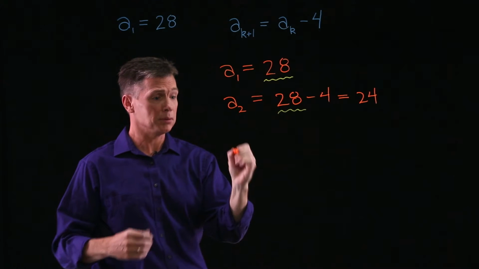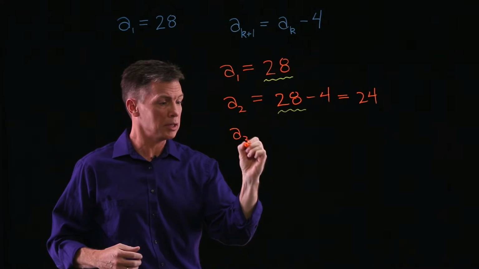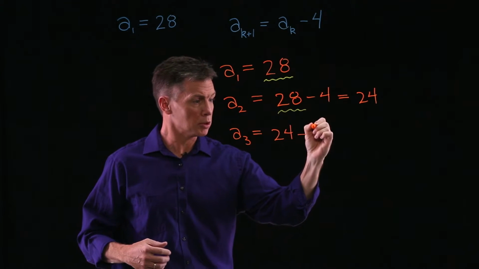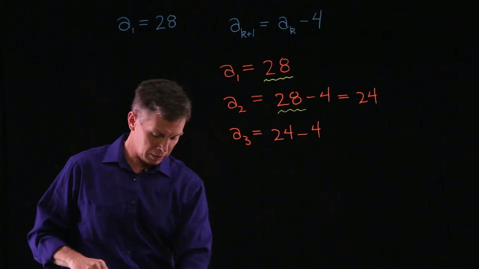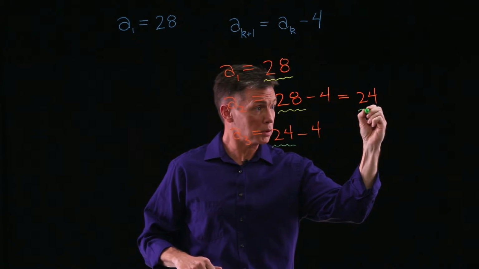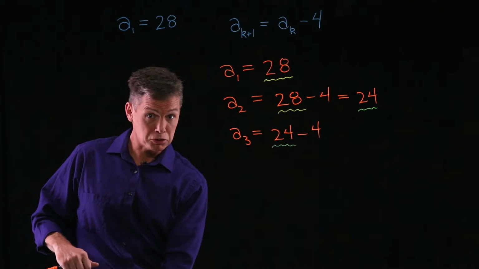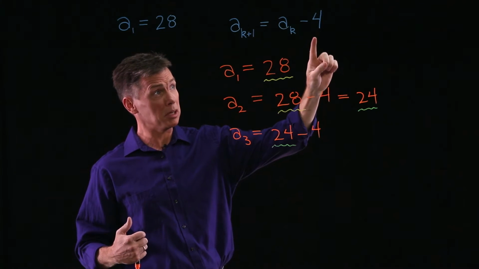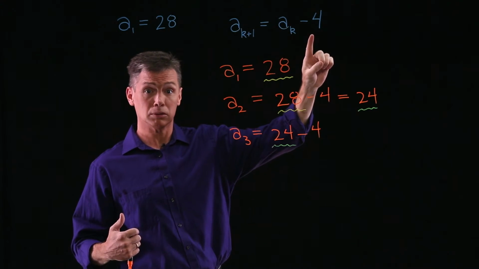Okay, continue. A sub 3 equals 24, subtract 4. Again, this 24 comes from that 24. You're always just grabbing the previous guy and then doing whatever other arithmetic might have been involved in the formula, right?